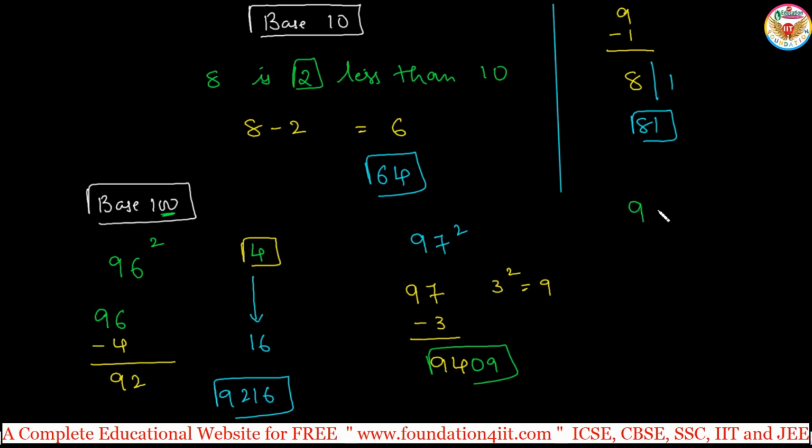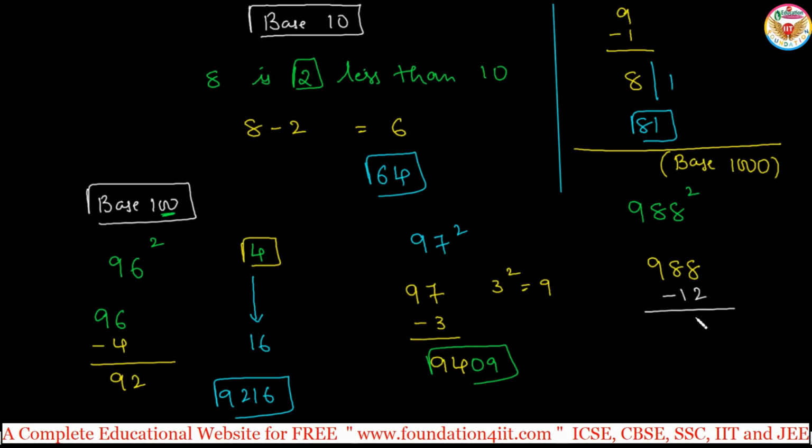Even let us go for the 1000 base. Simple. Take 988 square, to find out the value. So the first step is take this 988. Keep in mind the base 1000, because 988 is a base 1000 number. Compared to the 1000, how much less? It's 988. How much less than the 1000? So the number 12. 12 is less, no? Again 12 you subtract from this.